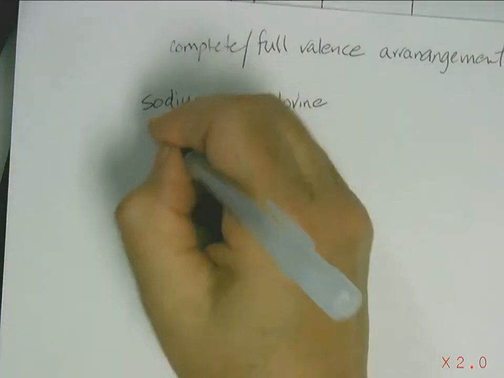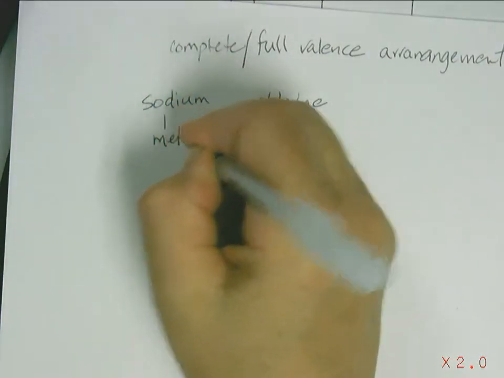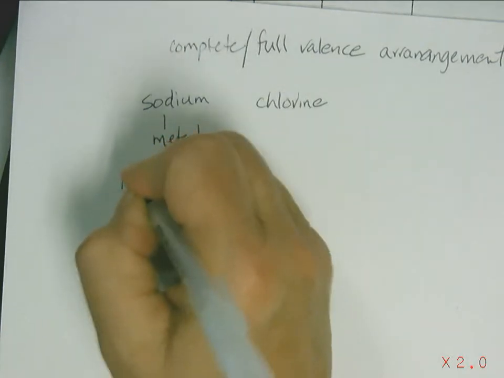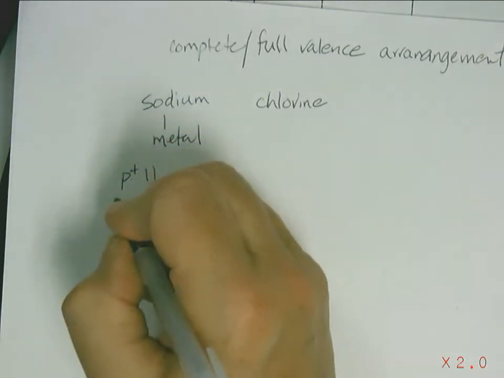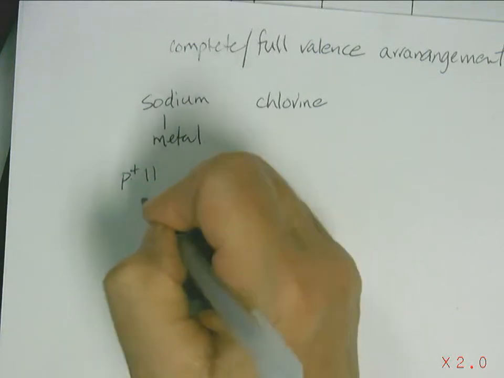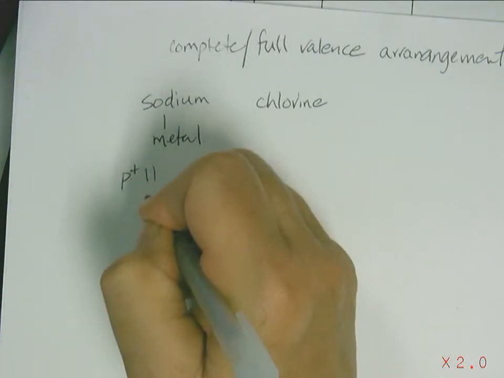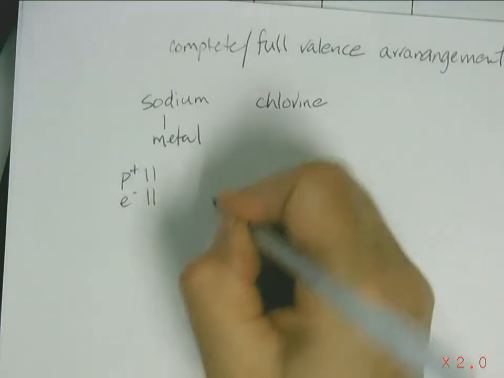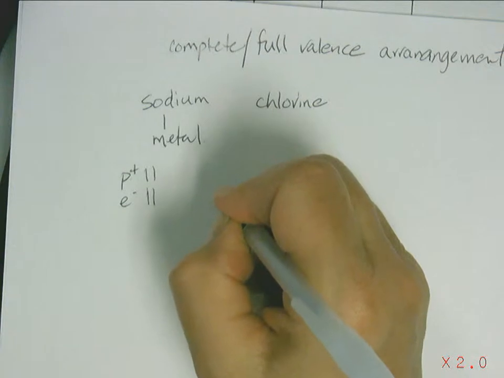Sodium's a metal, and it's atomic number 11, so it has 11 protons and 11 electrons in its neutral form. So let's draw the Bohr diagram for that.